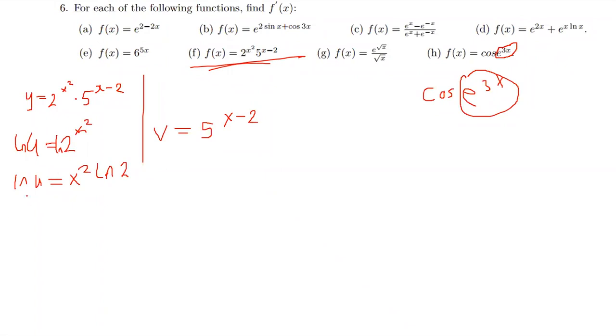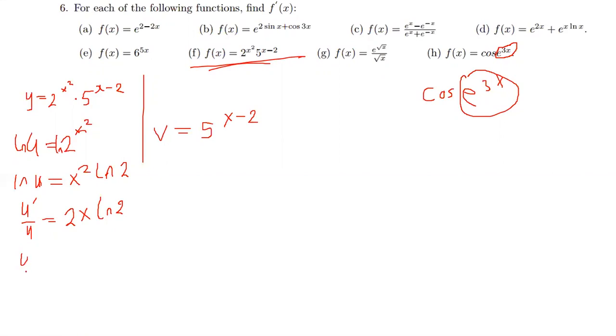So here, what you do is you differentiate this side, you're going to have u prime over u being equal to, you differentiate x squared multiplied by that, you're going to have 2x ln 2. Of course, when you differentiate ln 2 multiplied by that, you get a 0. So this is going to be your solution.